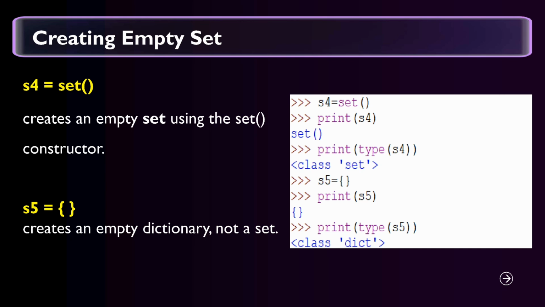This creates a valid empty set that we can add elements to. But we should be careful if we try to use curly braces like this: S5 equal to curly braces. So we should always remember that the set constructor should be used to create an empty set.